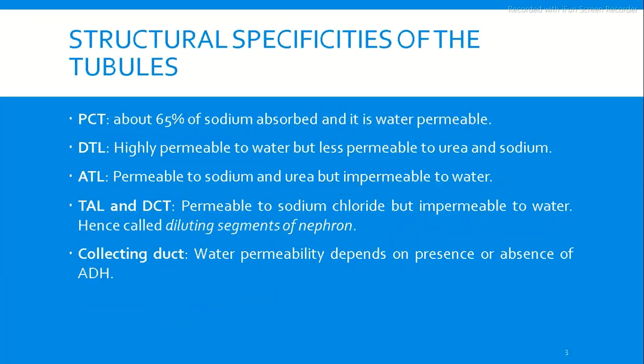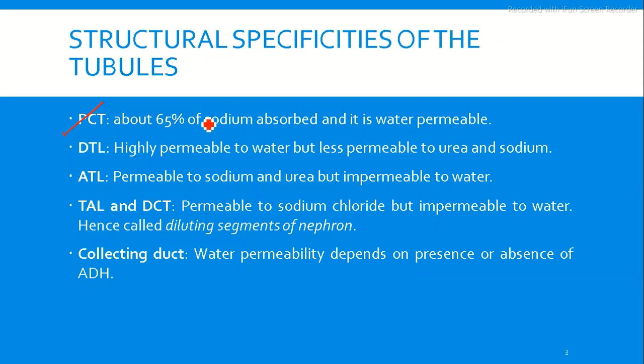Okay, so next is the structural specificities of the tubule. We are not right now talking about the glomerulus and the Bowman's capsule; we are talking about the tubular part of the nephron. The first part is the PCT, which is in continuation with the Bowman's capsule.